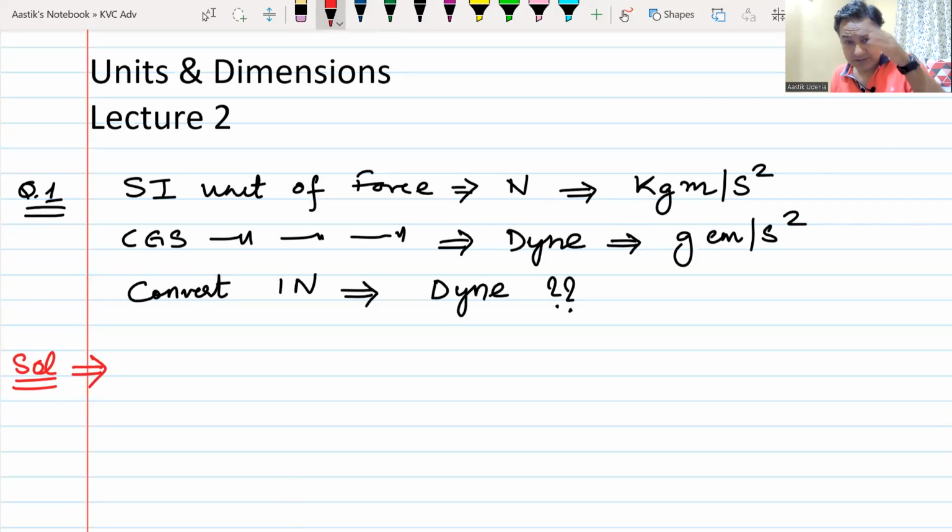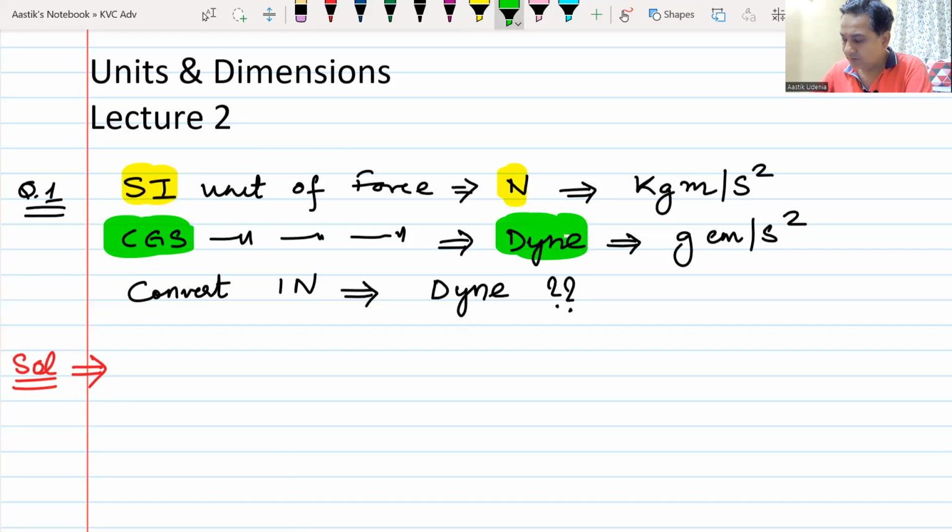Converting from the SI unit of force to the CGS unit of force. SI unit of force in yellow is known as Newton. The CGS unit of force in green is known as Dyne. You have to convert Newton into Dyne, and I'll give you a minute to do this.